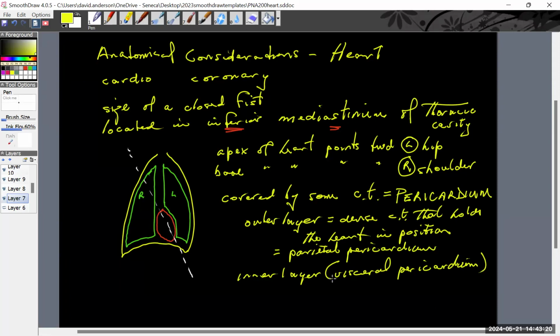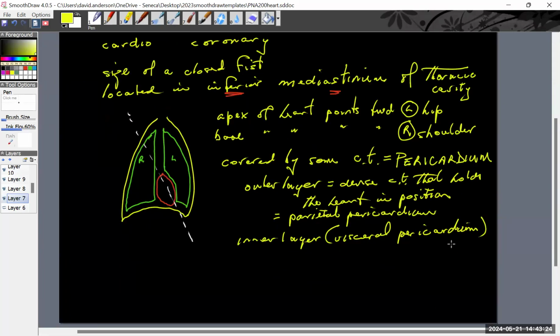Visceral meaning organ, so closest to the organ itself. It's pretty much embedded into the next layer, which is the myo.